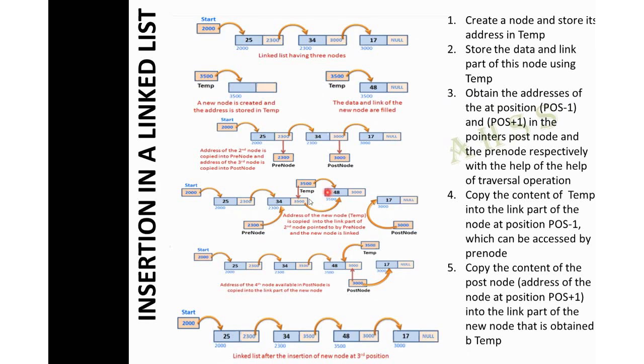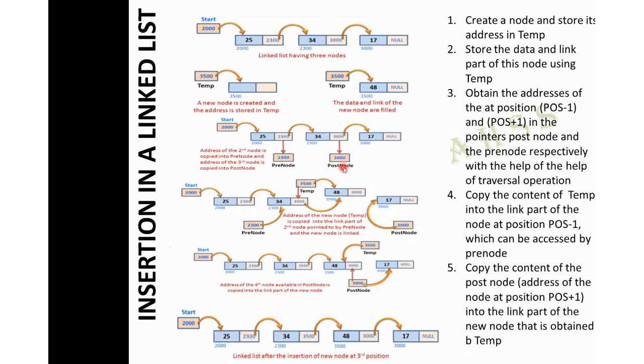So the address that must come in 34 is the address of 48. To get that, the first step is to copy the address value 3000 temporarily into a post node and keep it.